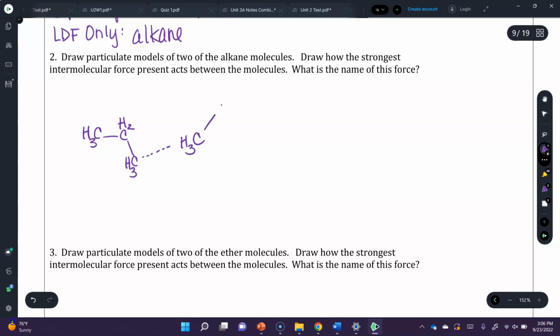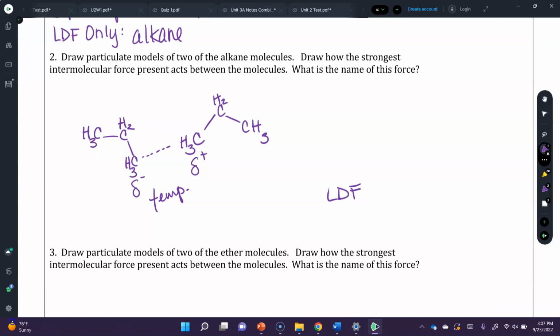It can be to the CH2 component as well, but for the sake of brevity, I'm not going to expand these out a lot. And then this would have a temporary negative dipole and a temporary positive. And because those are temporary, that is London dispersion forces. Because the negatives and positives are here, we would have a negative on this end and the positive here, and those would be temporary as well.